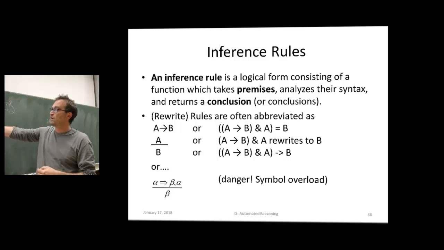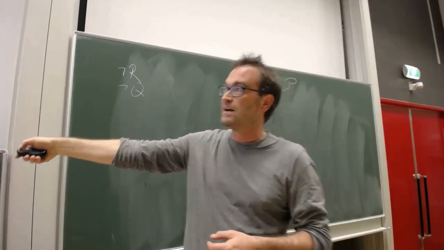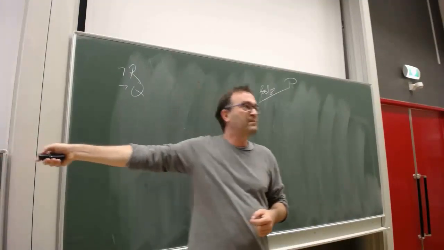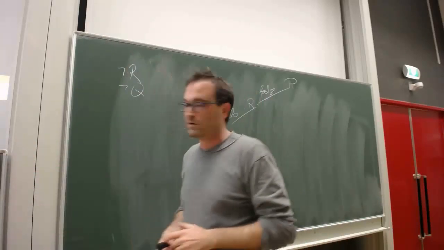It's often written in different ways. You could write you can derive B from A. If you have alpha implies beta and alpha, then you can derive beta. That's a very famous one. It's the inference rule of modus ponens that you all should have seen before.